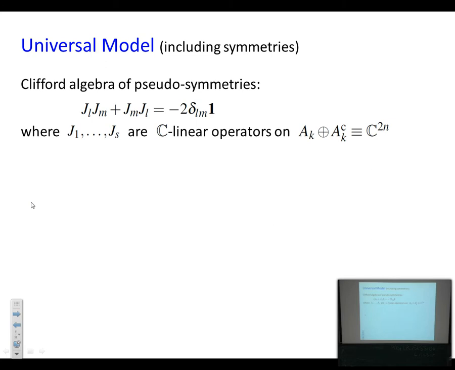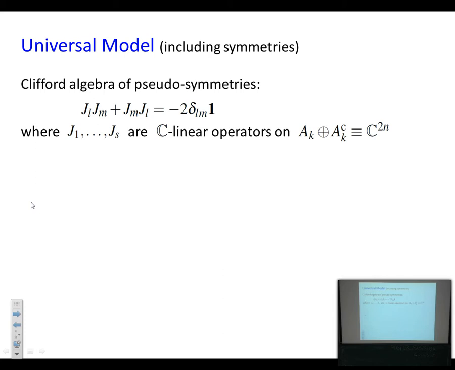Now let's build symmetries into the model. And that makes it rich and interesting. In the process, as outlined by Kitaev, physical symmetries will get transcribed into pseudosymmetries. Let me tell you about the outcome first and then explain afterwards how this works.